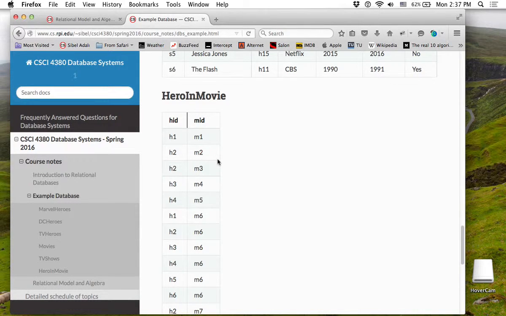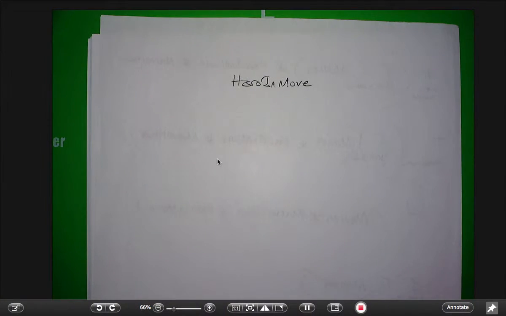Okay? So this is the tricky part. To be able to do that, I will have to rename the attributes so they are actually different. I will have to create a copy.